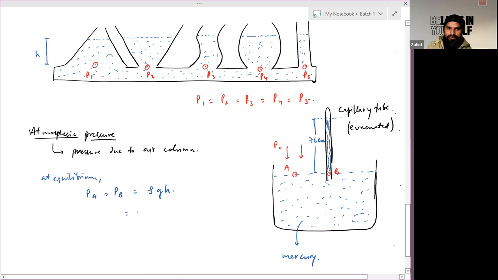Now put the value of rho: the density of mercury is 13.6 into 10 to the power 3, gravity is 9.8, and the vertical column is 76 centimeter, divided by 100 to convert into meter. If you simplify this expression, you will get 1.013 into 10 to the power 5 Pascal. This pressure is equal to atmospheric pressure at sea level, so it is also called 1 atm.